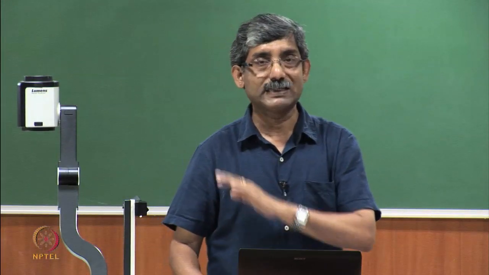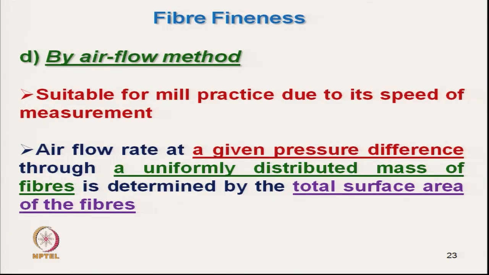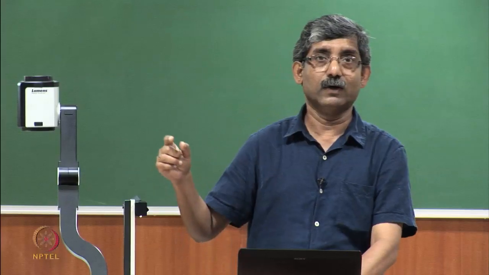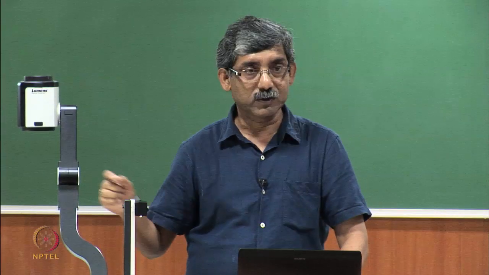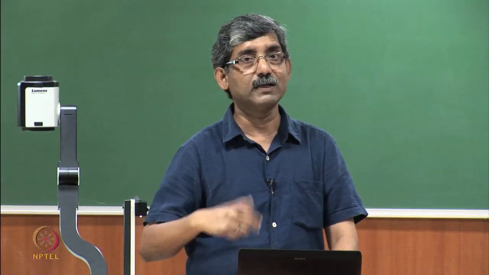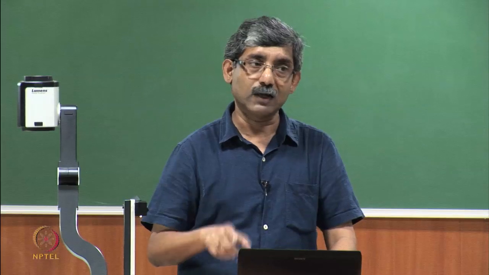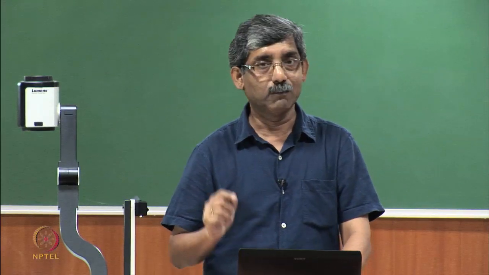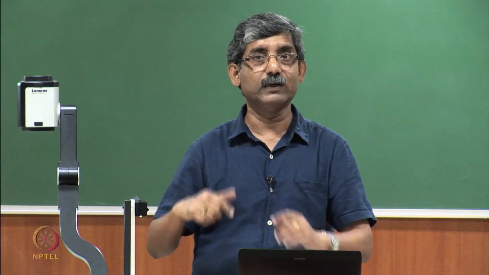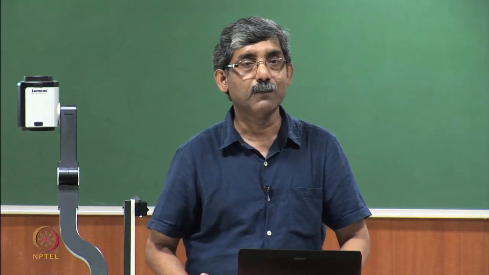So, using this basic principle, this air flow instrument works. In that instrument, we can have a constant pressure drop and measure the air flow rate, or else we can do it the other way also. We can have the same air flow and measure the difference in pressure drop. So, in these two ways it works.